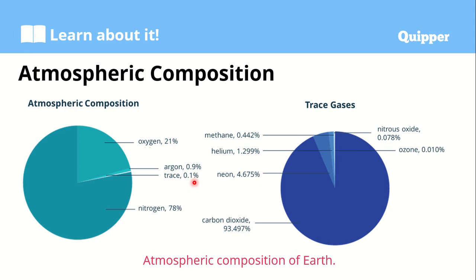Now, these trace gases, or itong 0.1%, are further subdivided into other gases in the atmosphere.